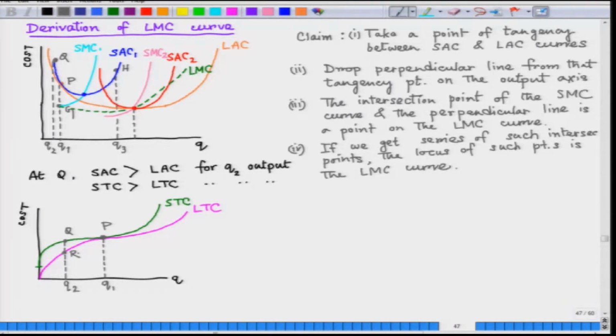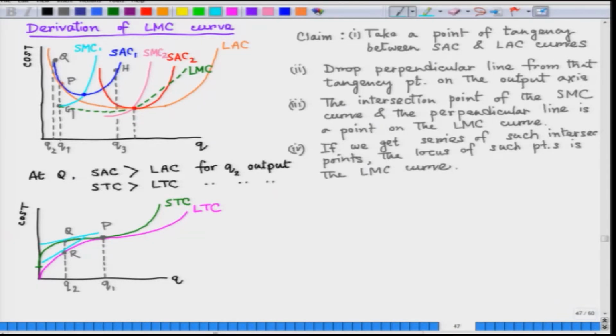Now let me talk about the slope. So, if you draw a straight line tangent to the point Q, we get the slope of the short run total cost, and if you draw a straight line tangent to the point R on the long run total cost, you get the slope of the long run total cost function. Now, you can certainly see that the slope at point R is higher than the slope at point Q. Now, what are these?